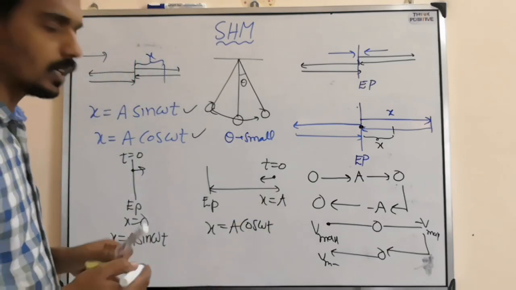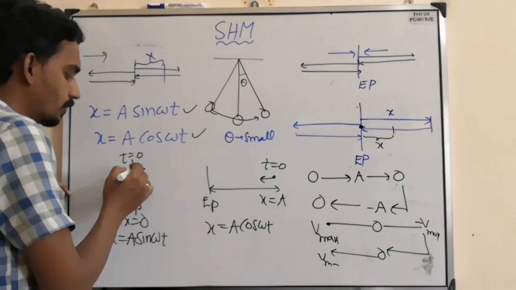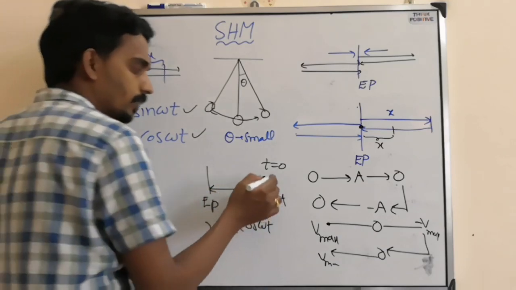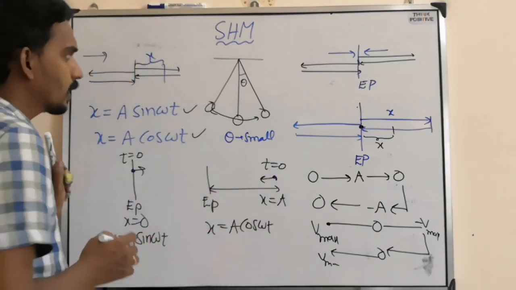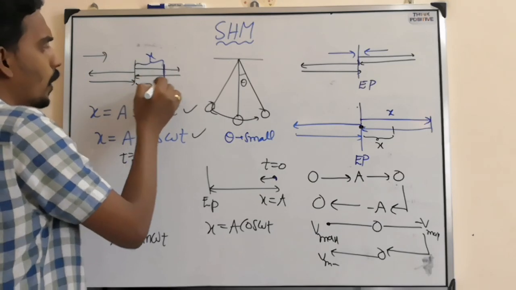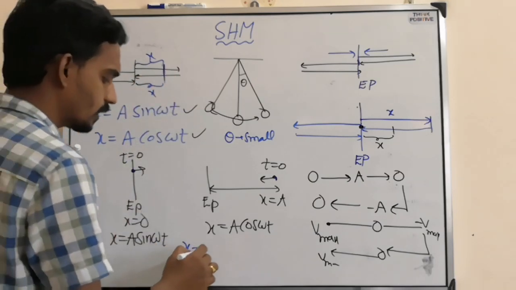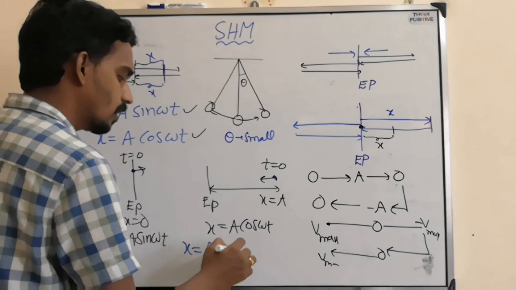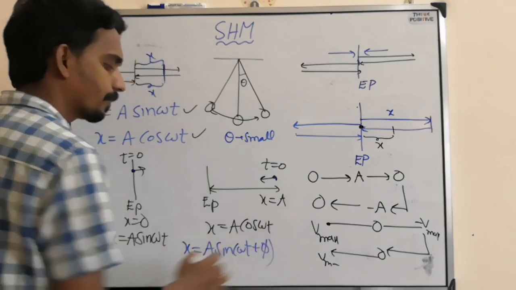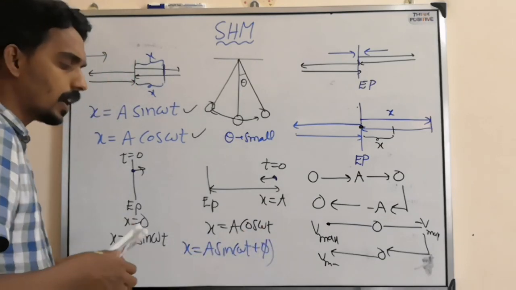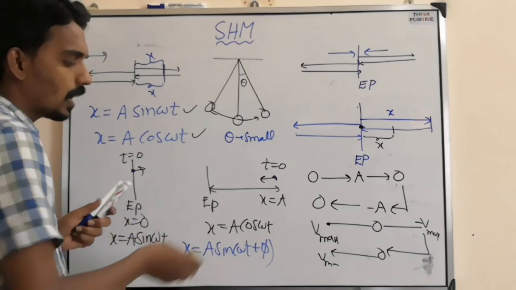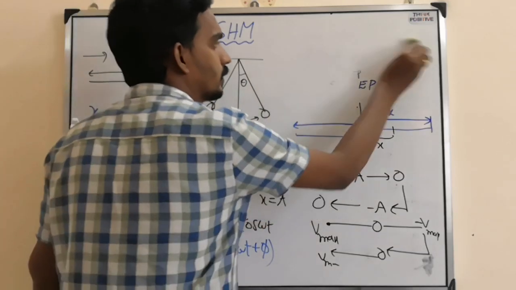Now you can get one doubt: what if it is not starting from the center or from the end? If it is starting from any random point, then the equation is x equal to A sin(omega t plus phi), where phi is the initial phase or initial angular position.